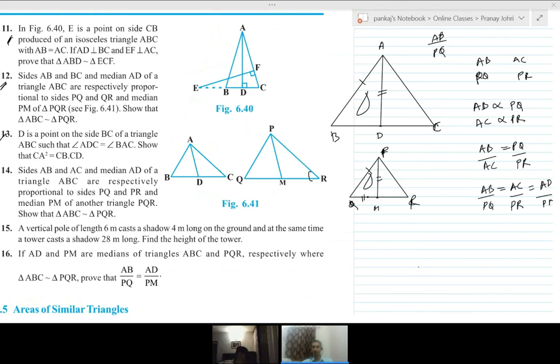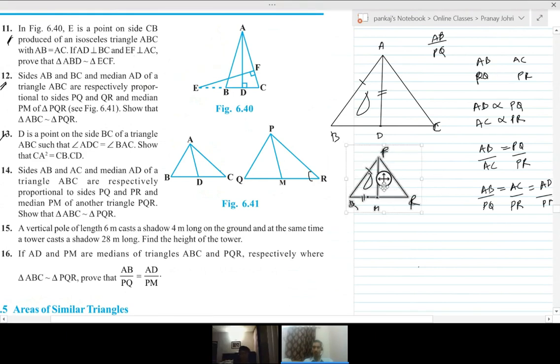So we need to do some construction, it seems. What we'll do is we'll extend this median to another point, and that would be equal to the median length. That will solve our problem.